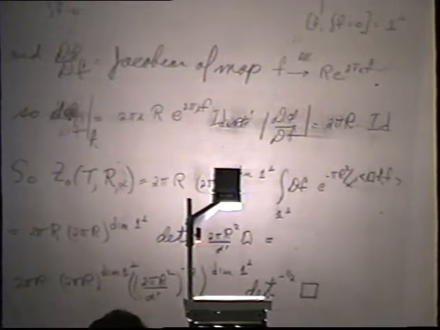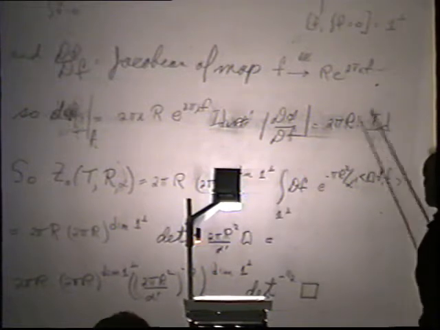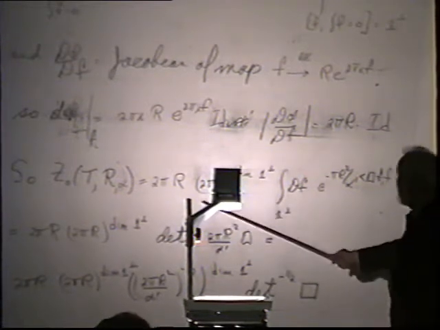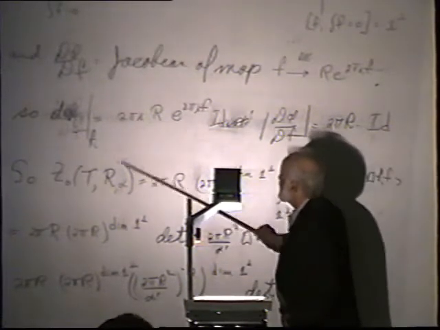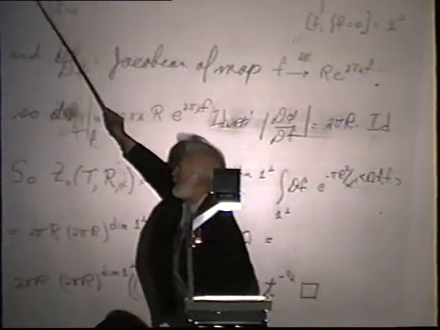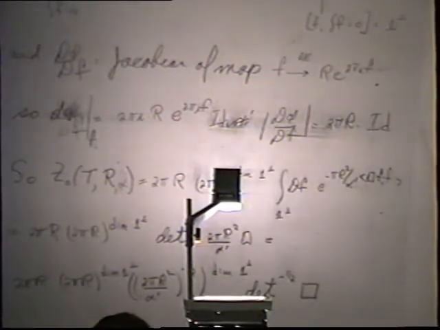We want to get the determinant of that. Of 2 pi r, I remind you. So we have the 2 pi r that came from this term. I'm looking at this expression. We got the 2 pi r over here. Then we've got the determinant of this times the identity.